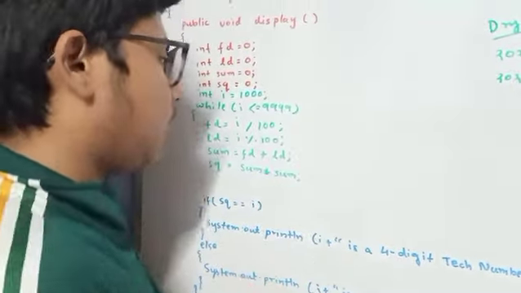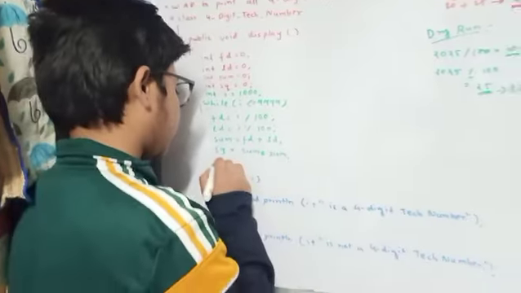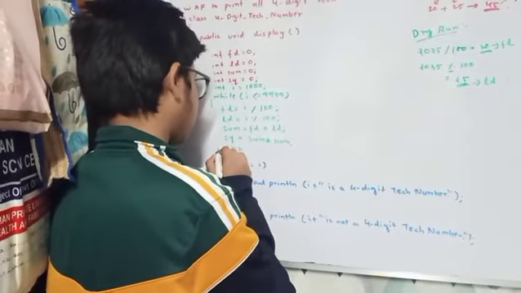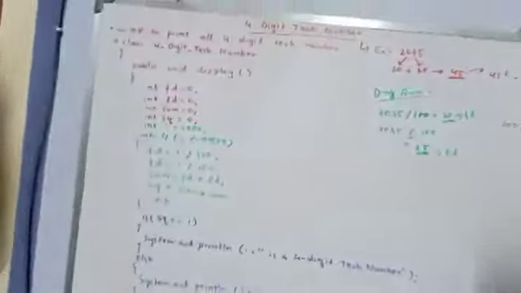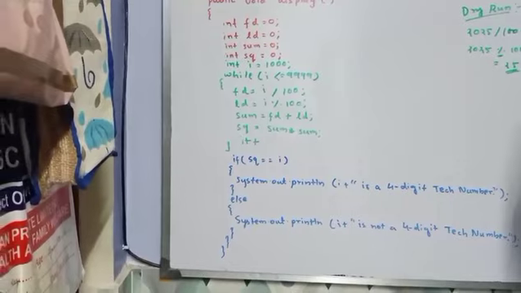It's done. Now we will write the iteration statement, that is i plus plus. Now this is how we do the program using while loop. The logic is the same, just the syntax is different.